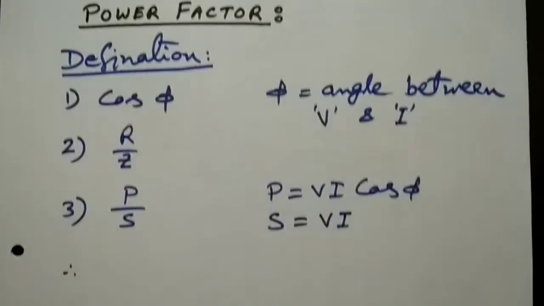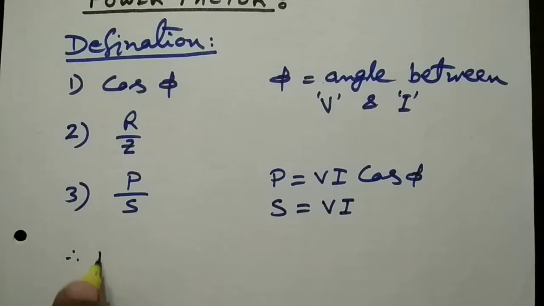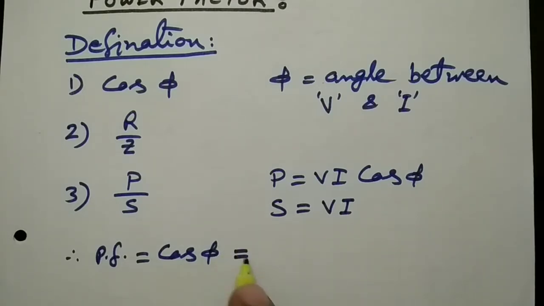Therefore, we can write that the power factor is the cosine of the angle between voltage and current. It can also be defined as the ratio of resistance to impedance, and further as the ratio of active power to the apparent power.